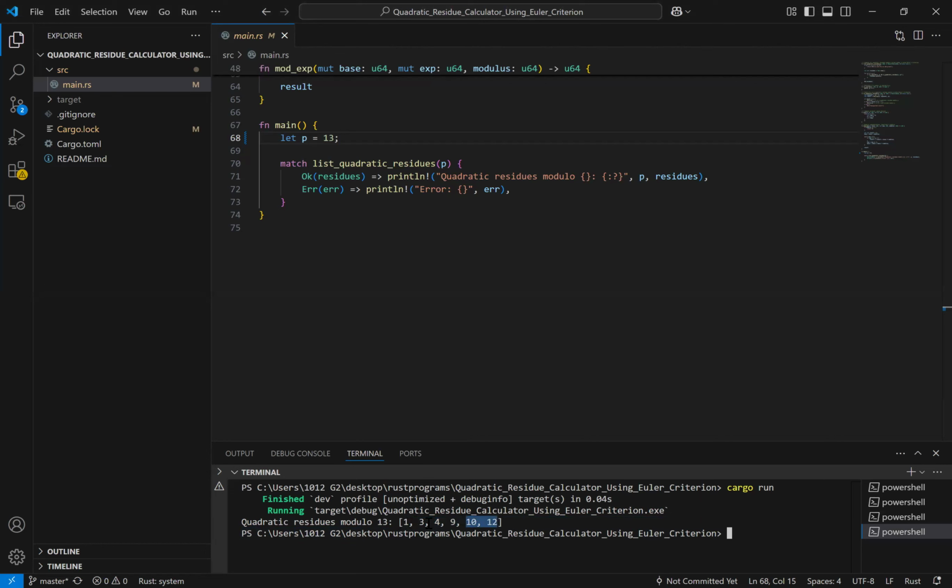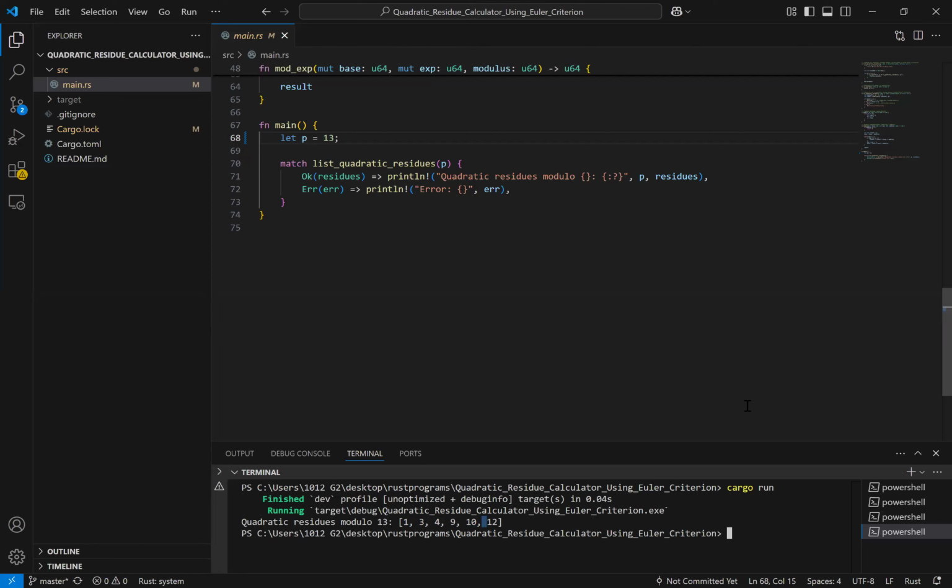The ones we want are those without square roots. You can see 5 is not here, 6 is not here, 7 and 8 are not here. Even 11 is not here. So those which are not here are quadratic non-residues.